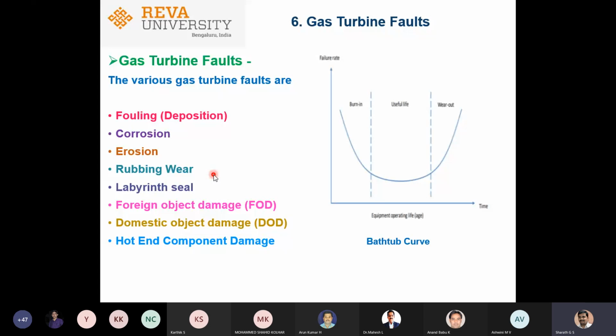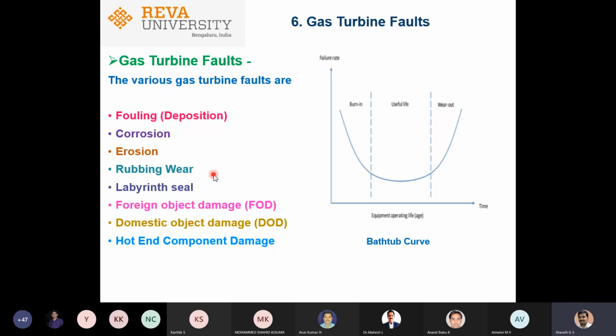When there is a thermal expansion, there would be an elongation of the material, and the blades would be going and touching the casing. When they touch the casing, again there is loss of material, and then the entire operation of the engine will be disturbed.